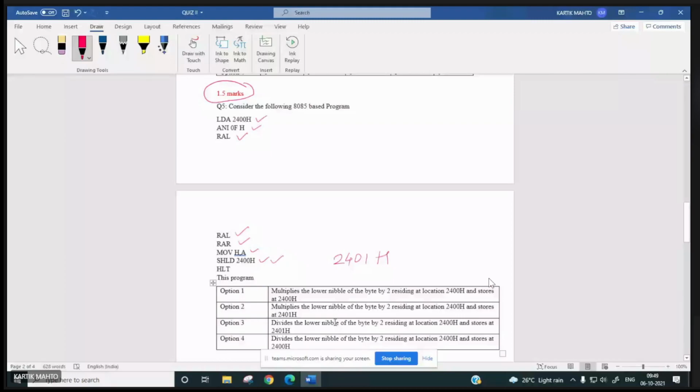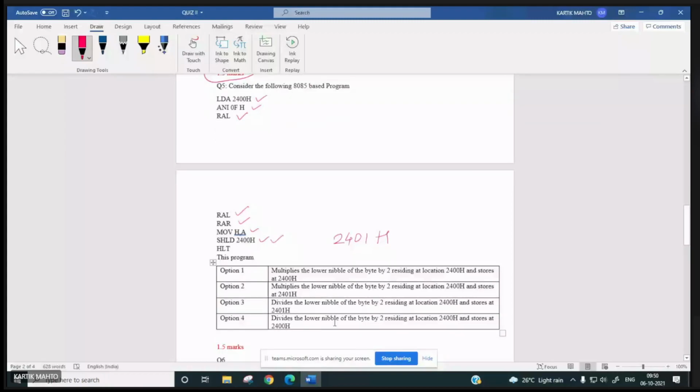Alright? Wait, I have to check. Okay. Multiplies the lower nibble by 2, residing in location 2400H, and is stored at 2401H. So option 2 is correct.